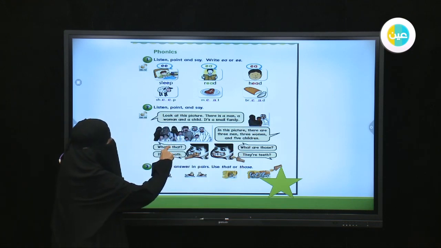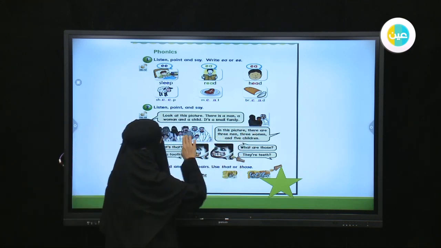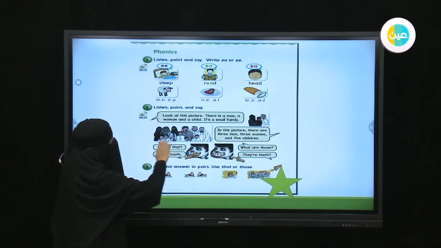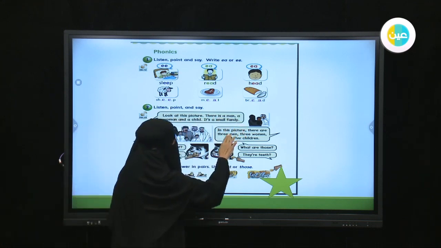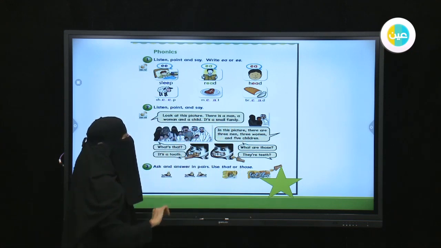If we look at the other picture, in this picture there are 3 men, 3 women, and 5 children. So I changed man into men, I changed woman into women, and I changed child into children.